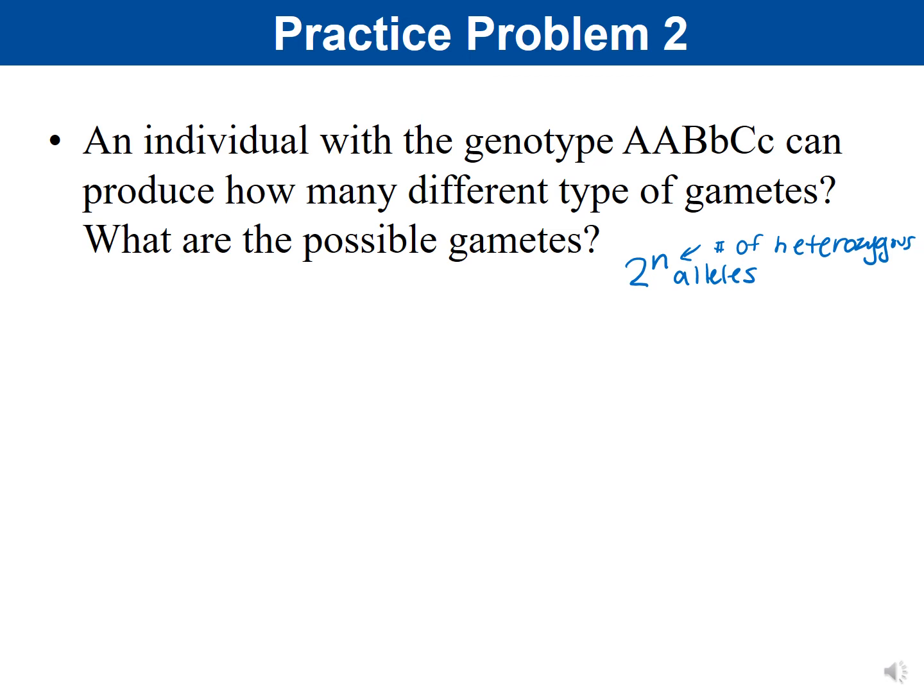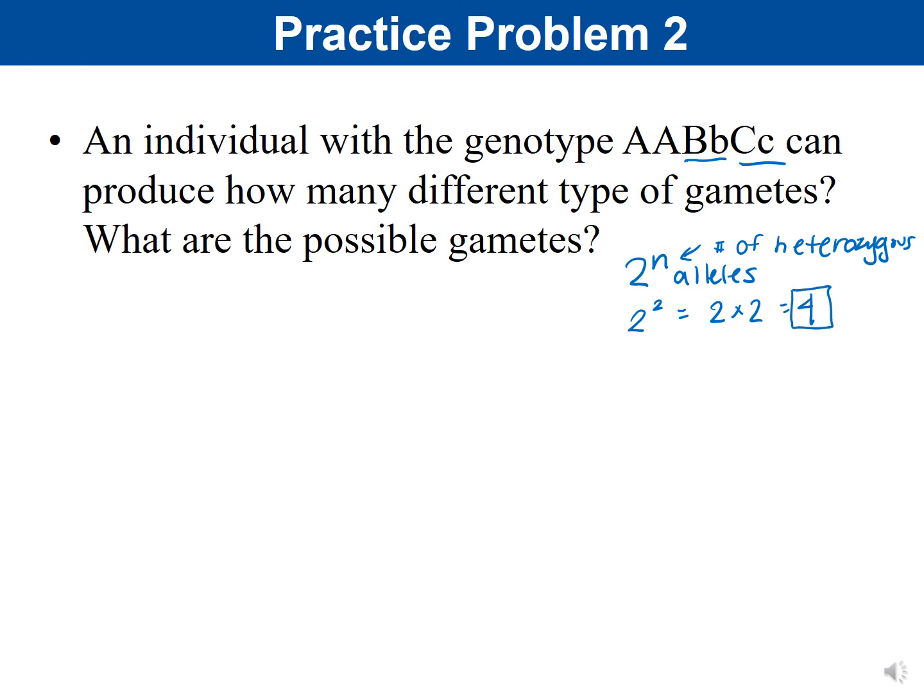So notice in my practice problem, there's one heterozygous allele, there's another. So my number of gametes possible would be 2 to the second power, because I have two sets of heterozygous alleles. So 2 to the second power is 2 times 2, which is 4 different types of gametes.